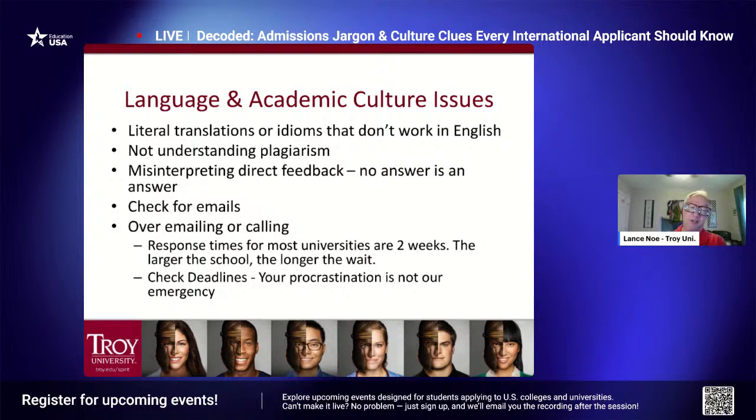Using your translator. So a lot of students nowadays, they will get on their phone, they will speak in their language. So I speak Korean, so I would be like, 안녕하세요, 잘 지내세요, and then it would come up in English, and I would just copy and paste that. That is plagiarism. That's not your English. That's the computer's English. So that is considered plagiarism.